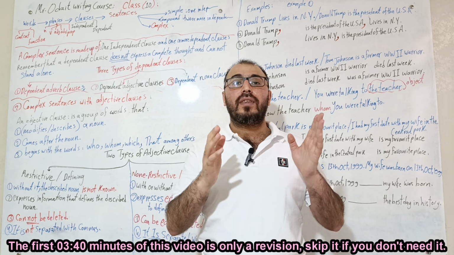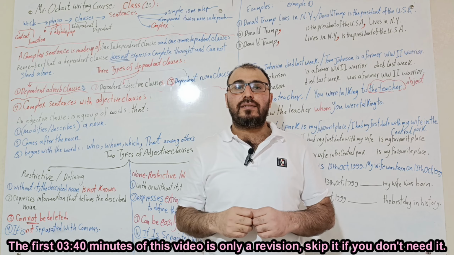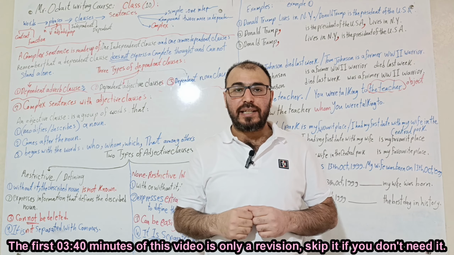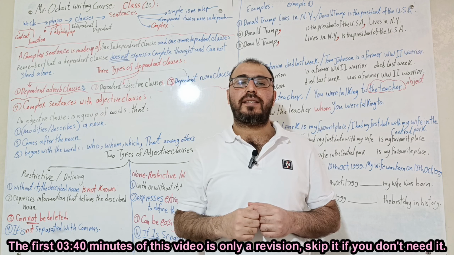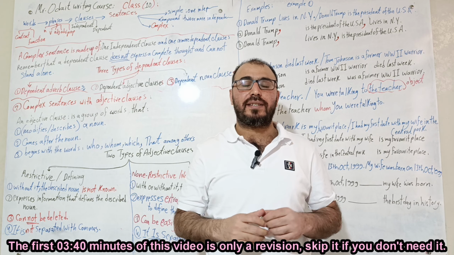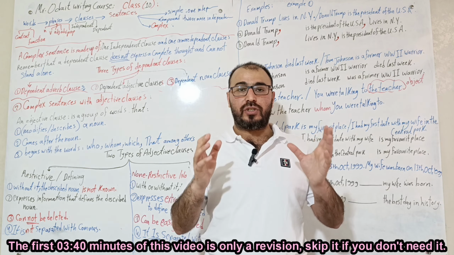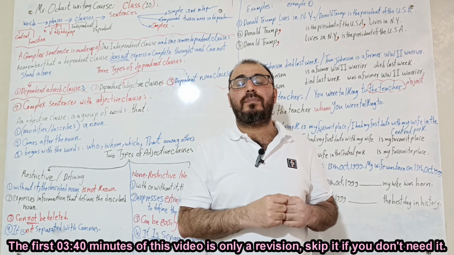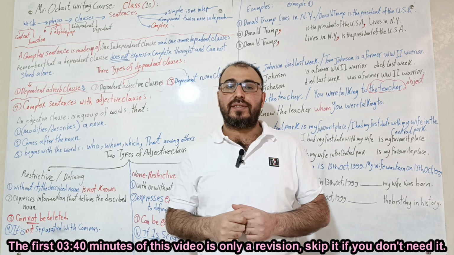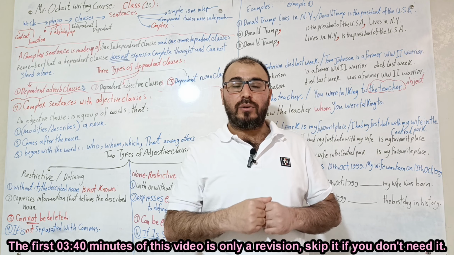We said that an independent clause is a group of words that contain a subject and its verb, and it's semantically complete, can stand alone as a simple sentence when I add a period to it, and it conveys a full message. And again, my friends, we said that the most important feature which distinguishes the independent clause is that it always starts with the subject, which is one or more noun phrases.